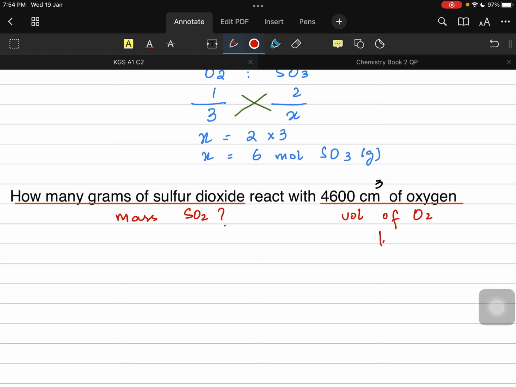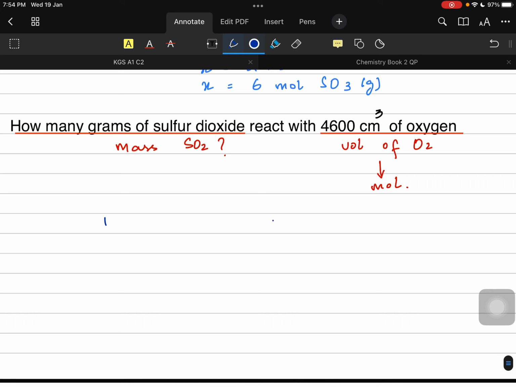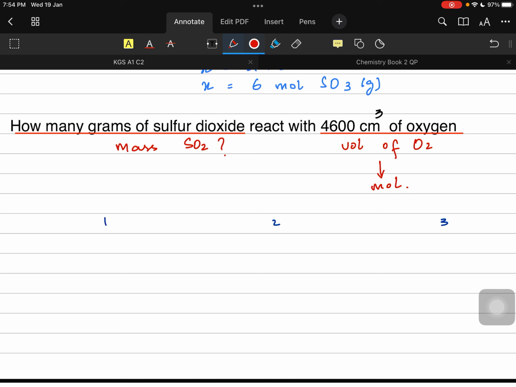We have to convert it into moles first. So it would be 3 steps: 1, 2, 3. Guys, hear me out. First, find out the moles of oxygen, because we always apply the ratios in moles. So we know that mole is equal to volume of the gas divided by 24,000, because it's a gas over here.